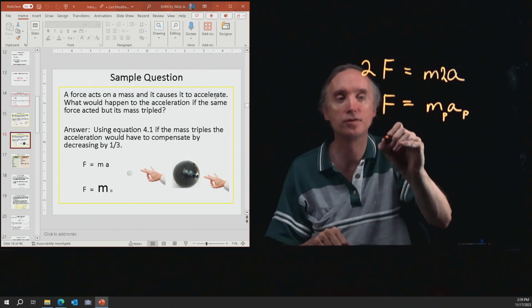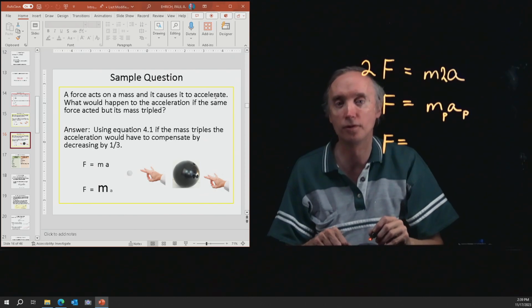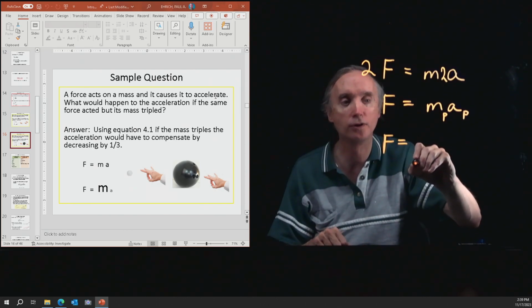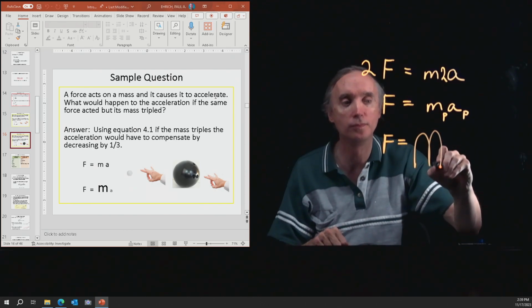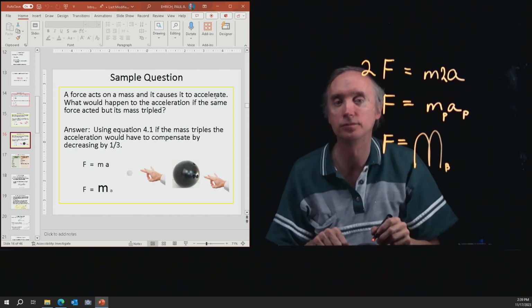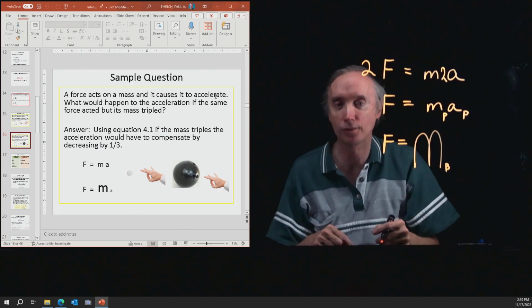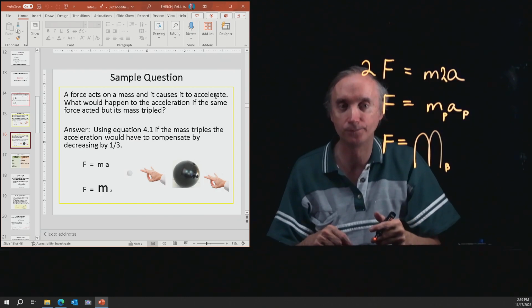And then I'm going to write down F equals ma, but for the bowling ball, I'm going to put a big M because it's much more massive. And then I need to put an A next to it. So how would I represent the acceleration of the bowling ball?